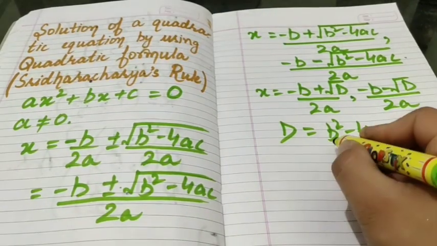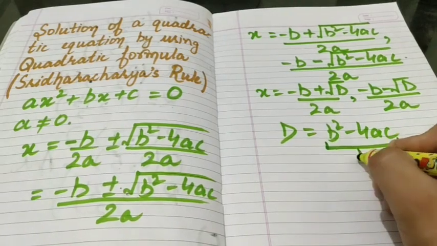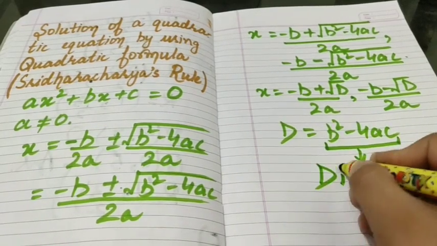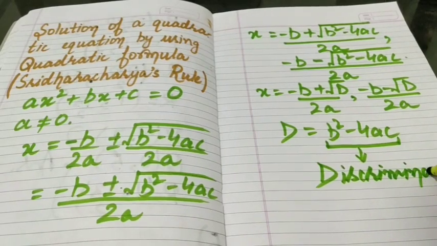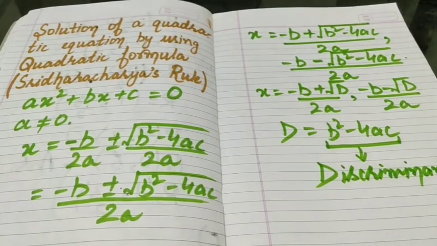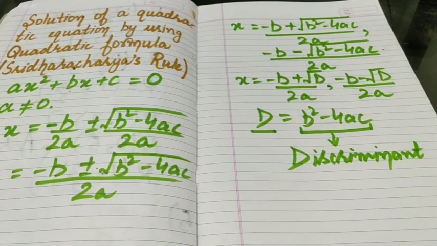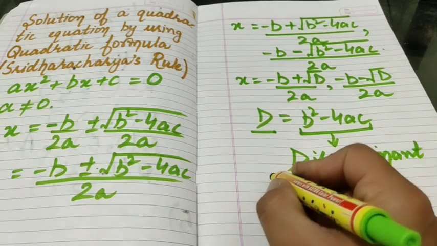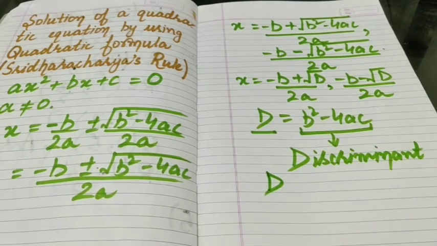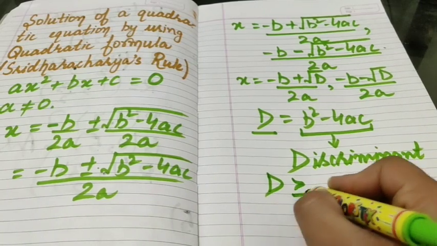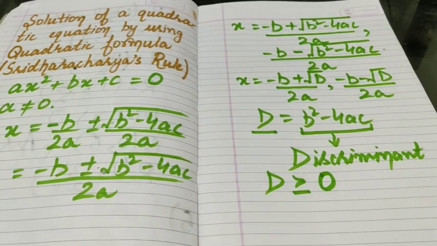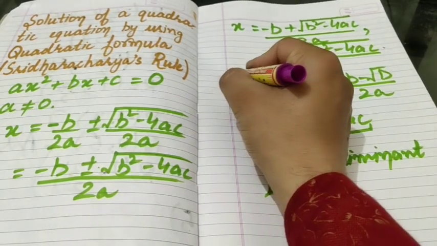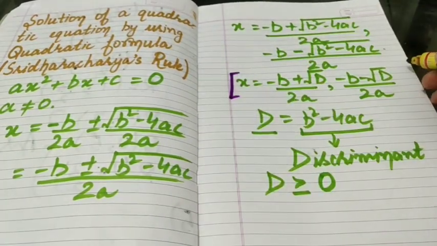The expression b square minus 4ac is known as the discriminant and is denoted by capital D. Since we are dealing with real numbers, it is expected that the value of the discriminant should be greater than or equal to 0. And this is the quadratic formula.